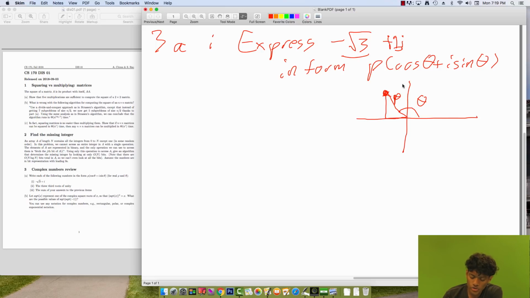Okay. And if we remember, we said that x was always going to be equal to r times cosine of theta, and our y would always be equal to r times sine of theta. What's nice here is that we know x and y, and we're just being asked to solve for r and theta. So x is going to be negative root 3, and y is going to be 1.